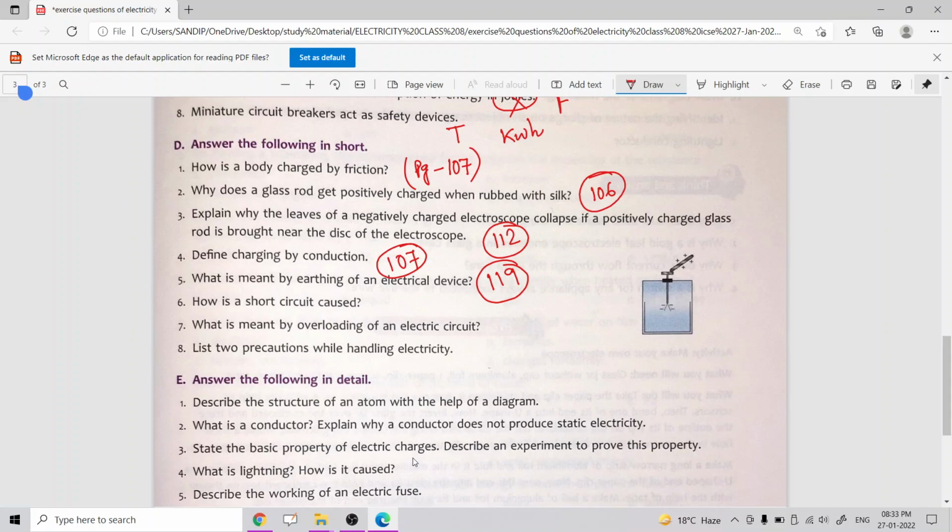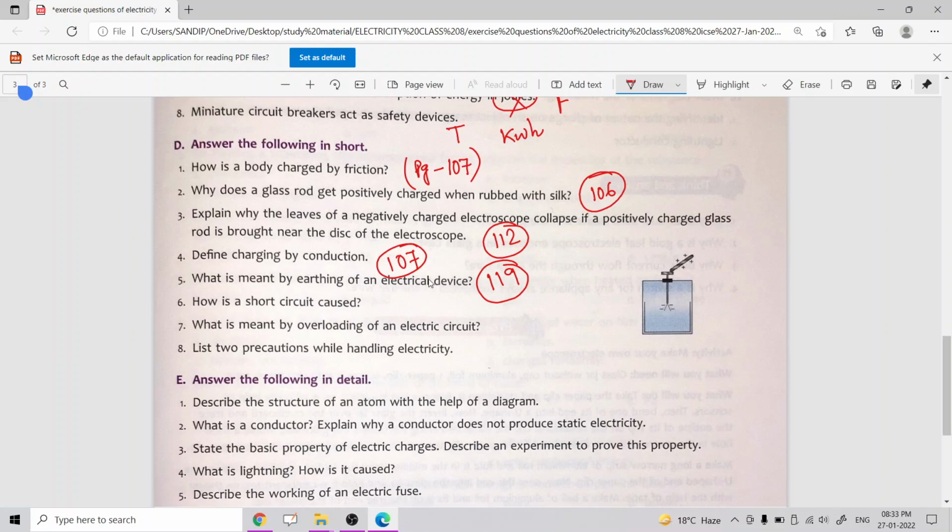If some leakage of current occurs, then the leakage current flows through this earth wire, and it is connected to the ground surface of the earth. In this way the electrical devices are safe from damage.